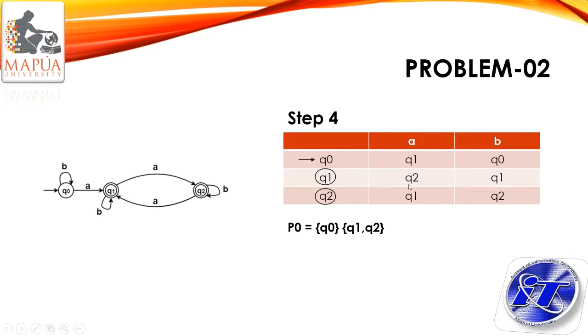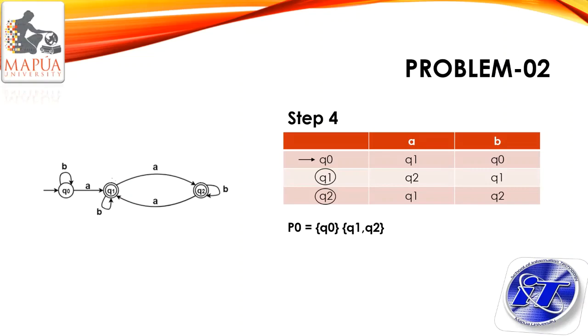For Q2, if it's A, it will go to Q1, same group. Q2, if it's B, same group. So therefore, for either value A or B, Q1 and Q2 fall in the same group. The behavior is the same, so we're not going to separate Q1 and Q2.